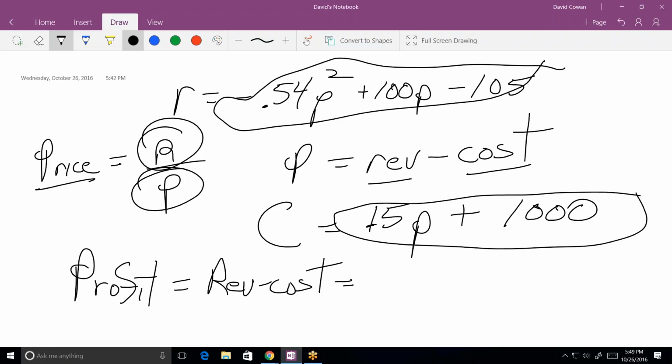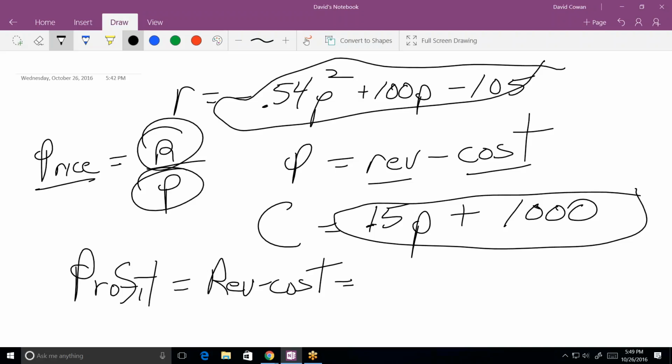What do you get when you subtract cost from revenue? What equation do you get? When you subtract, yeah, subtract the right hand, 15p plus 1,000.